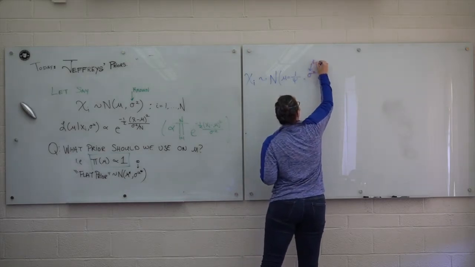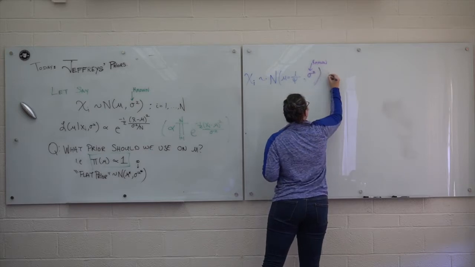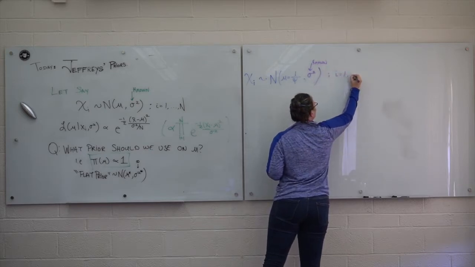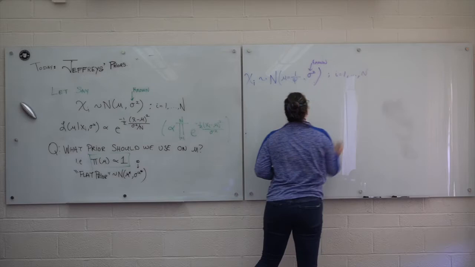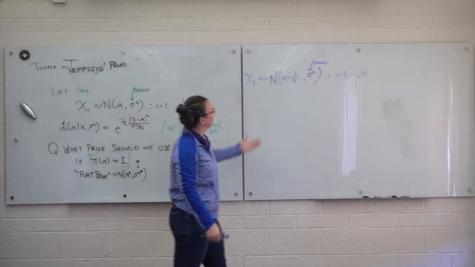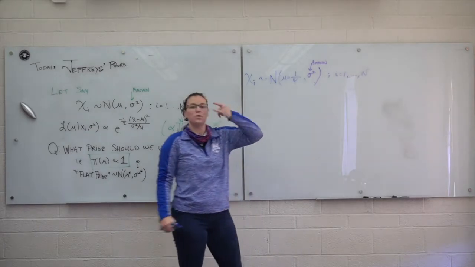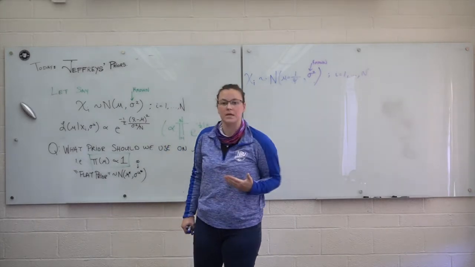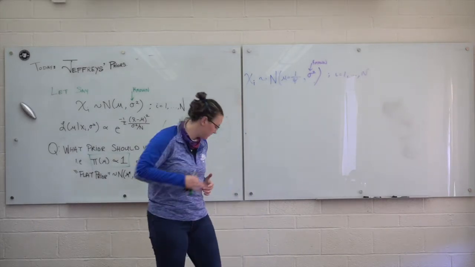This is still known. And we still have data. Okay? And so we have someone that comes in and they like the inverse of the mean. They like being different.